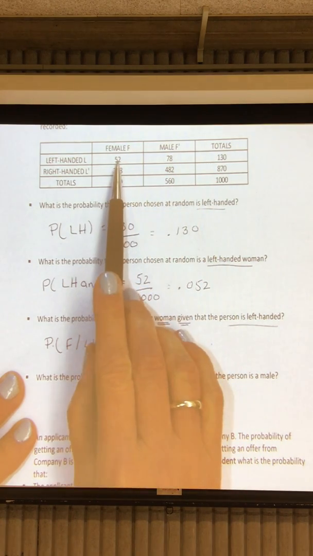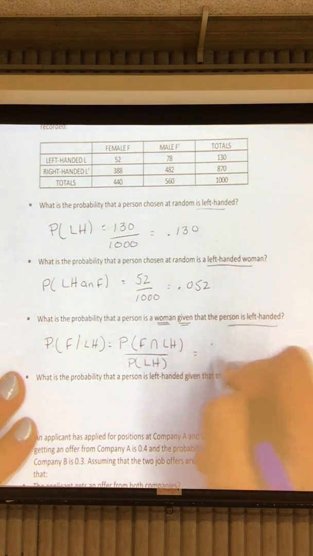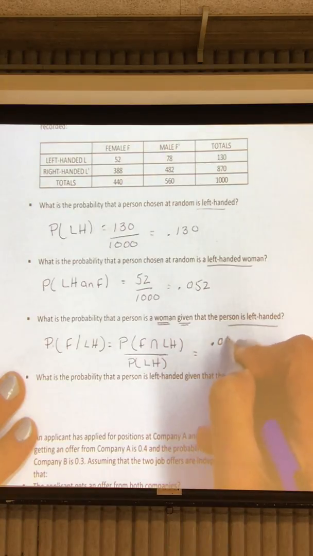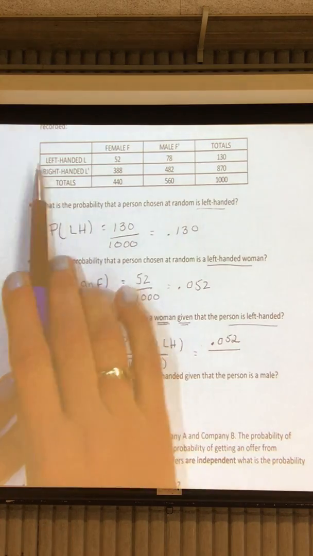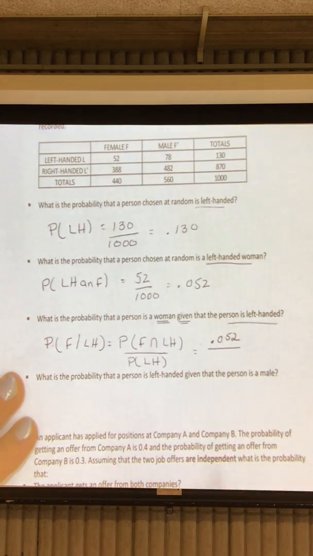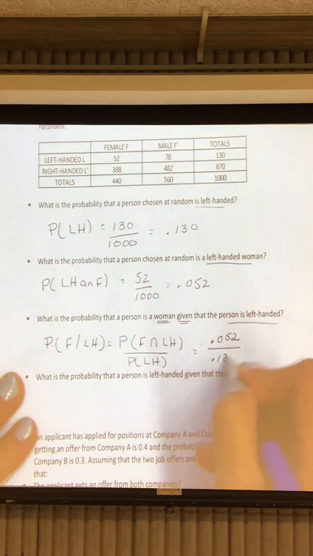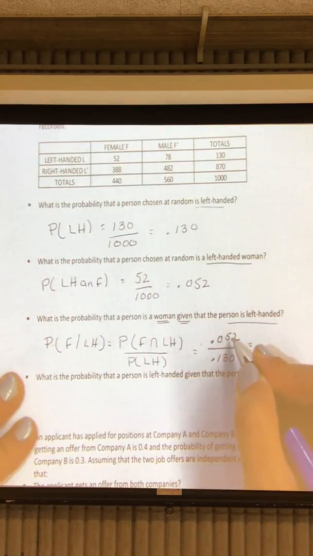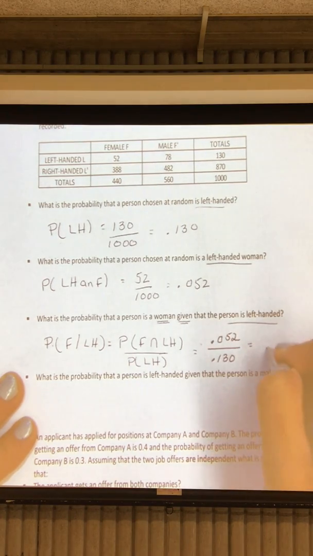So female and left-handed, we got it to be 52 over 1,000, which is 0.052. And the probability of left-handed, we got 130 over 1,000, which is 0.130. So 0.052 divided by 0.130 is 0.4.